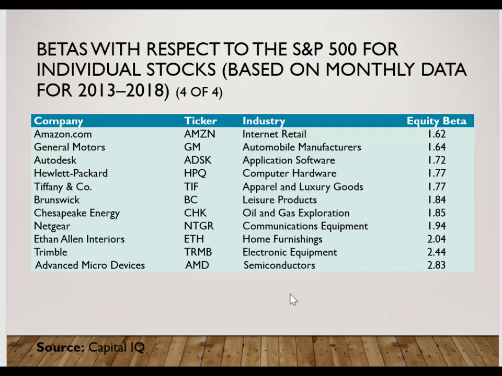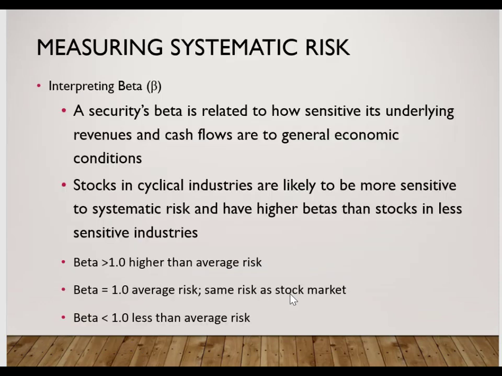But how do we narrow down from the big sector to the individual stock? And that's what this process has done, has moved us down to this point. So the stock market has a beta of 1. Anything less than 1 means it is less risky than the average stock market. Greater than 1 means it's more risky.